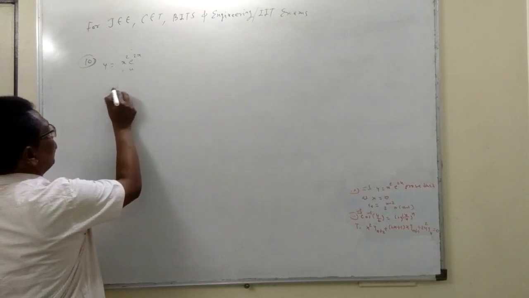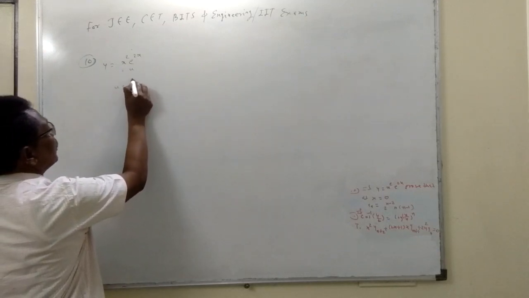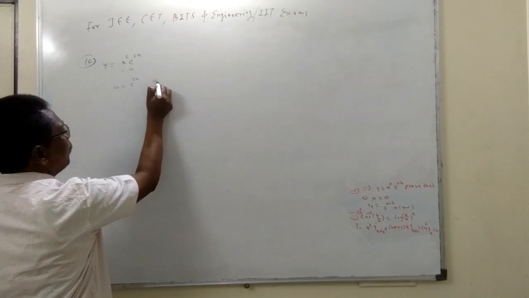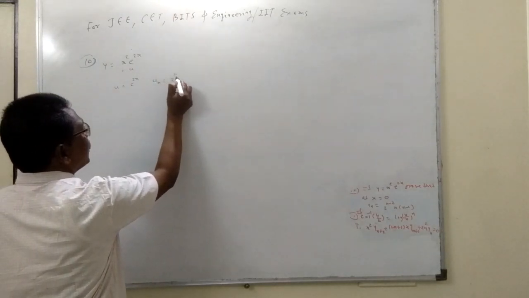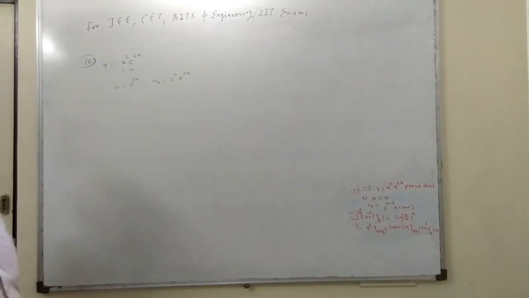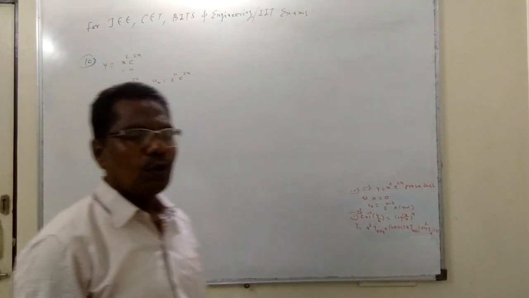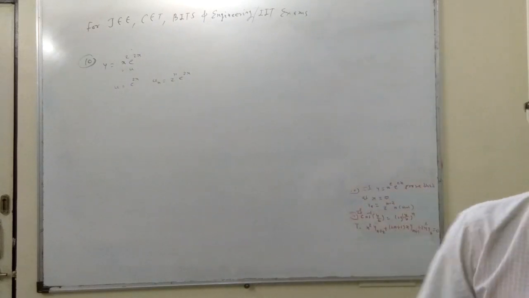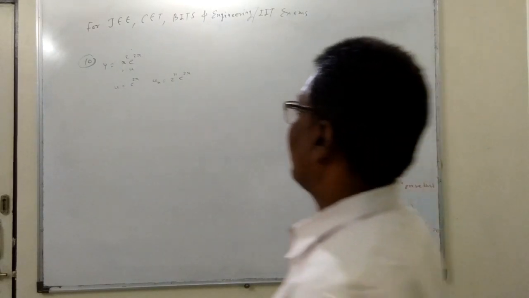So u is equal to e raised to 2x. You know this u_n is equal to 2 raised to n e raised to 2x. You know this standard formula, if y is equal to e raised to ax plus b, then y_n is equal to a raised to n e raised to ax plus b.